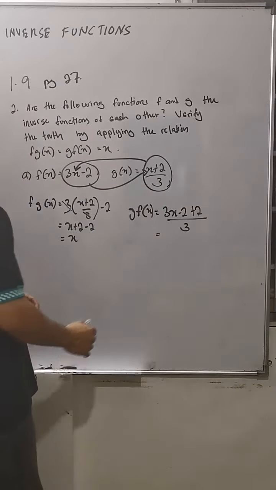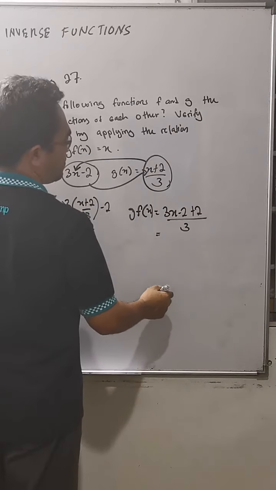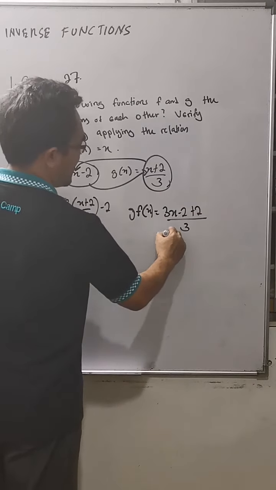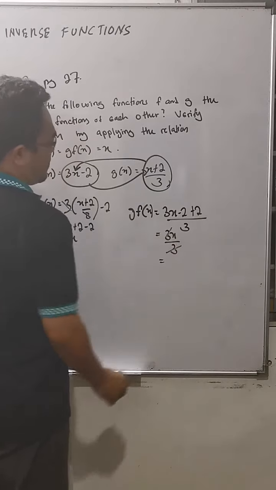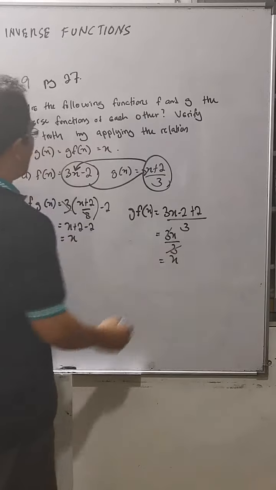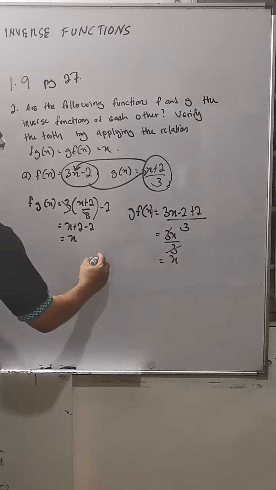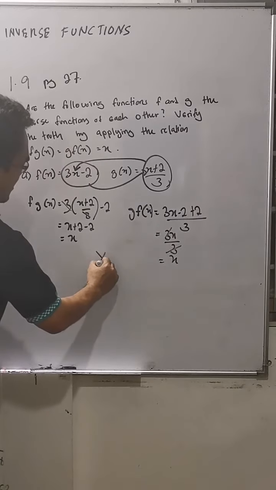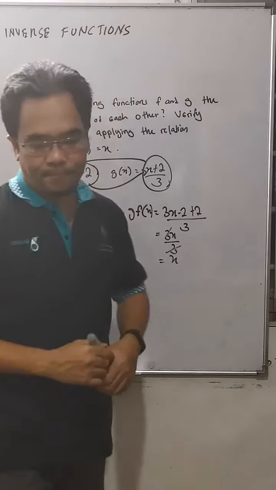Okay, so negative 2 plus 2 will be 0. So it will be 3x over 3. Then we can cut. So the answer is x. So in this case, yes.